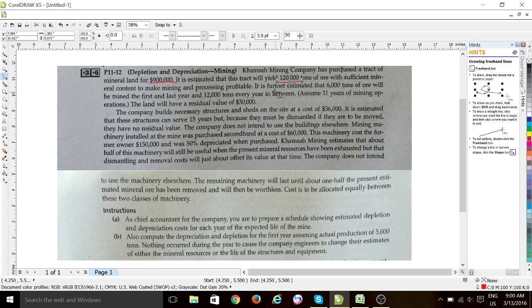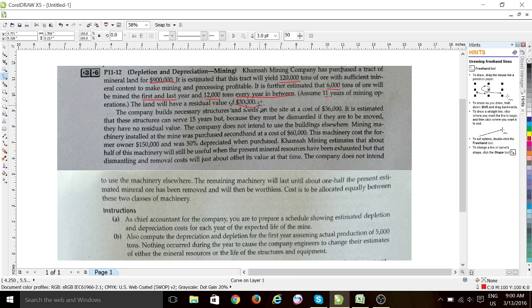It is further estimated that 6,000 tons of ore will be mined the first and last year, and then 12,000 tons every year in between. So the company assumed 11 years of useful life and a residual value of 30,000.